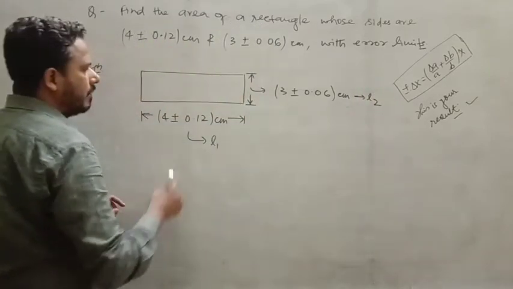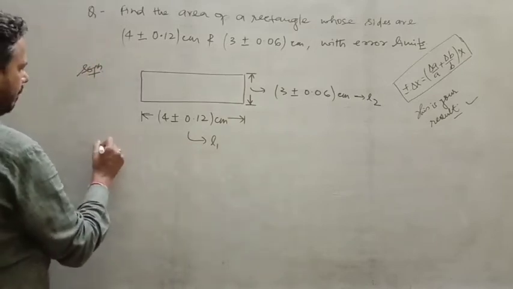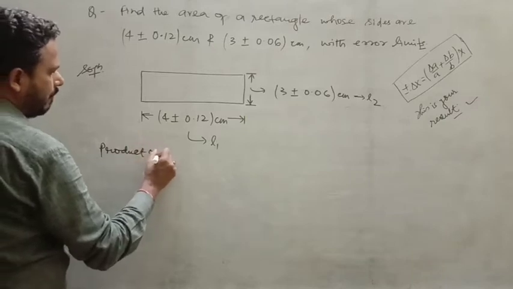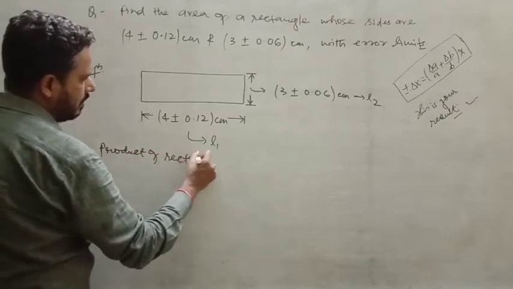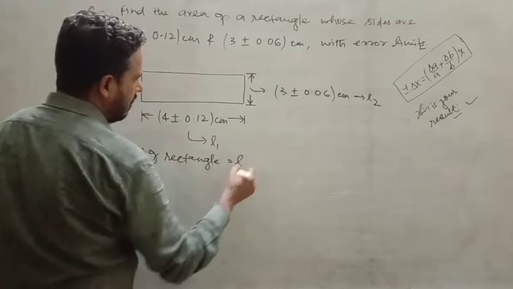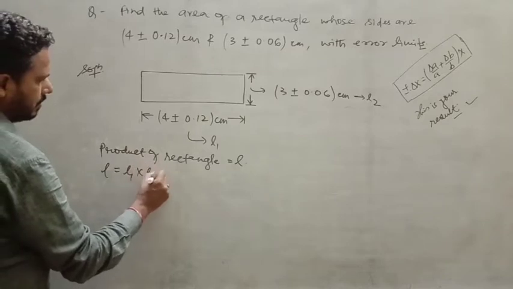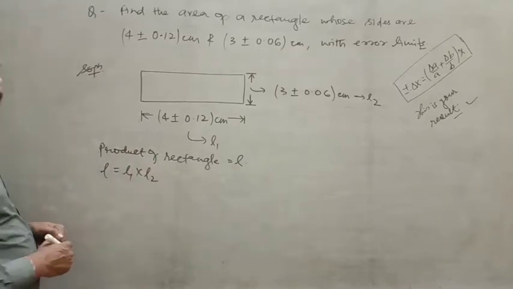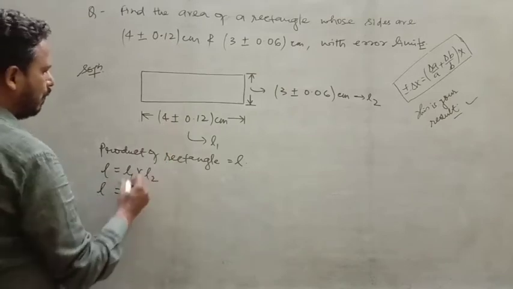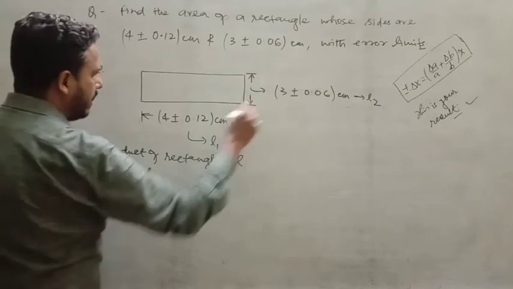So the product of the rectangle, let it be L. So how much is L? Your L is equal to L1 into L2. This one is your product. So simply multiply. L1 is 4 and L2 is 3.